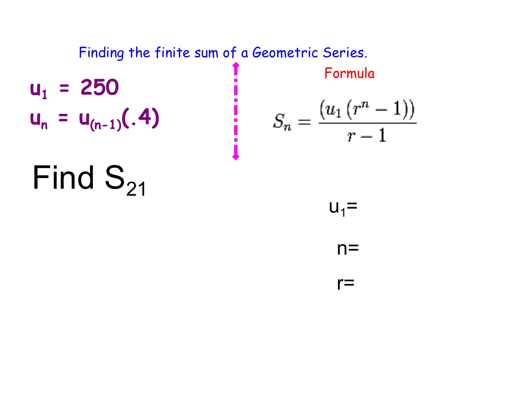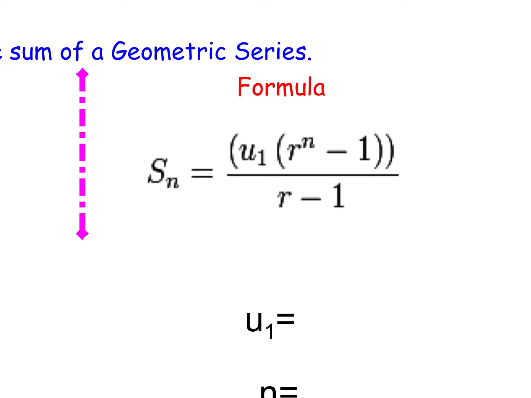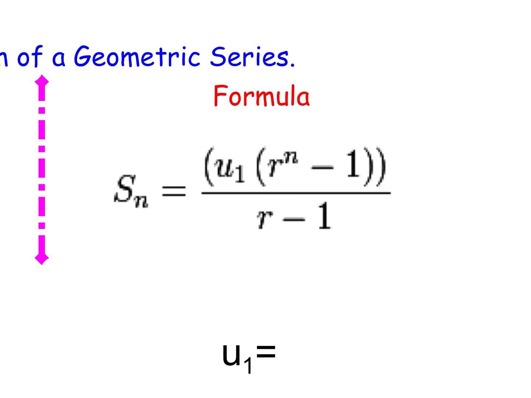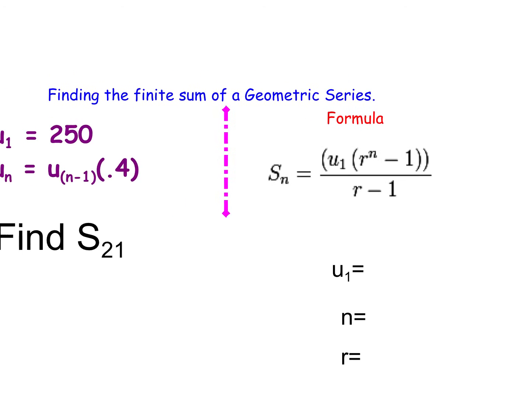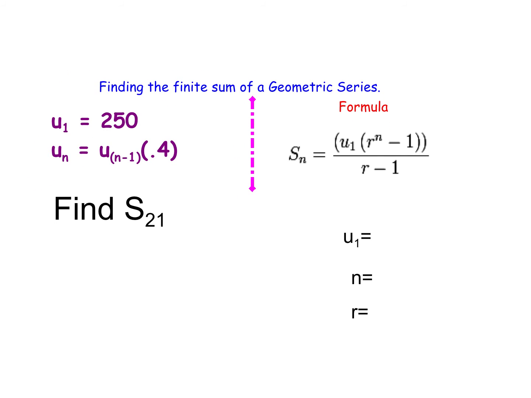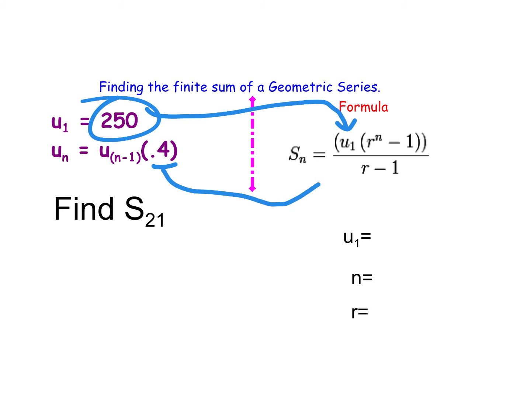Now this is a geometric series. Did you get there's different ones for geometrics and arithmetics? Okay, so let's see what they want here. U1 is 250. That definitely goes somewhere in my formula. What the heck is R? Oh yeah, that's R. Right there.